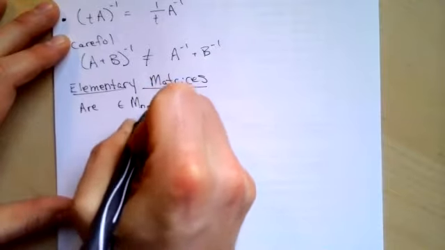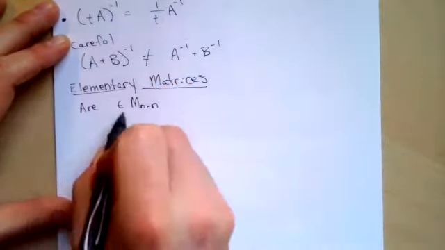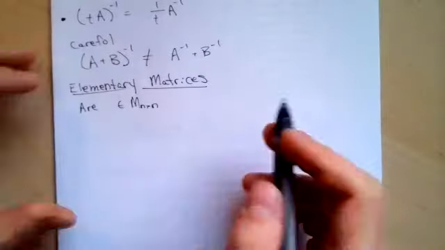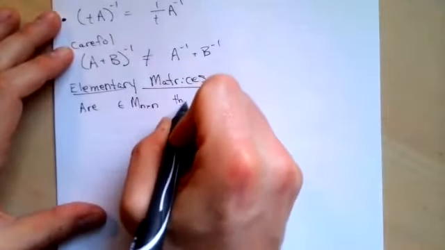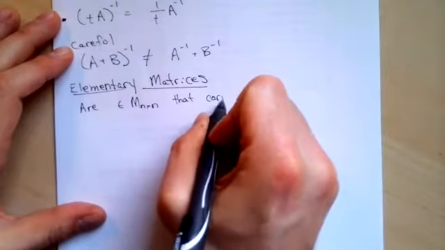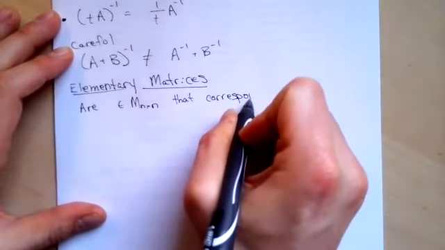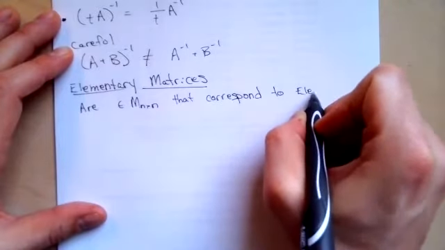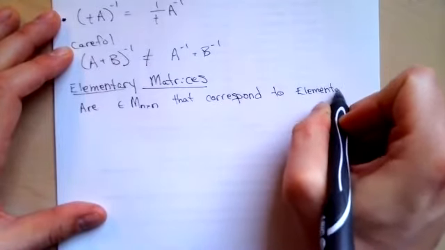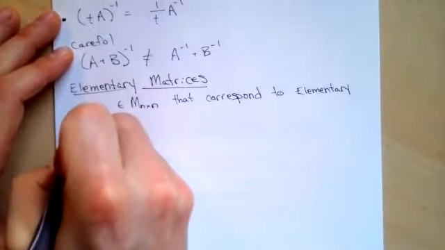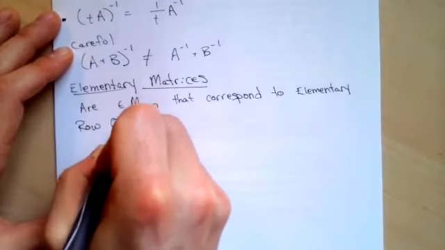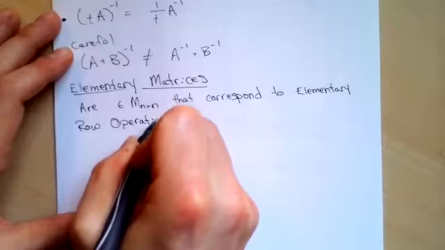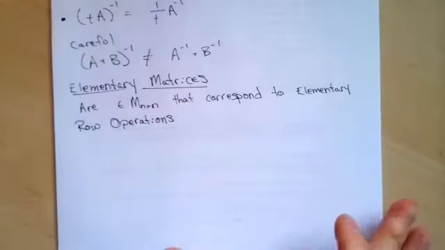So they are square matrices. They are in our set of n by n matrices that corresponds to elementary row operations. So let's list them all out and then we'll see some examples.